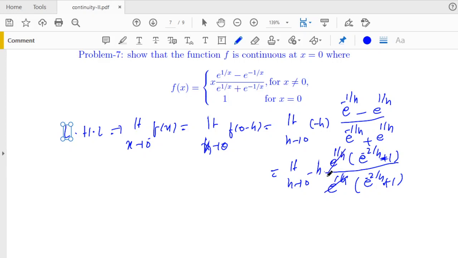Therefore, e power 1 by h cancel. Now apply the limit value. This value equal to 0 into 0 minus 1 by 0 plus 1. Therefore, 0 into minus 1 equal to 0.